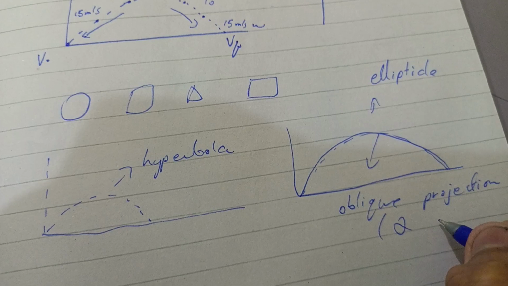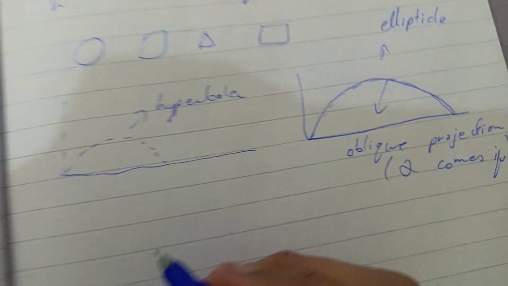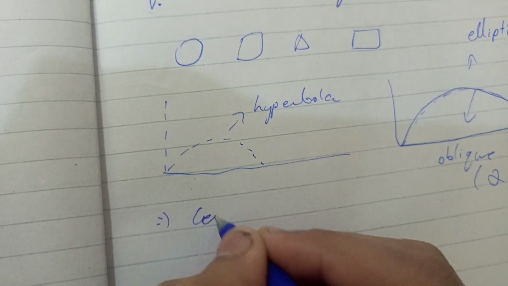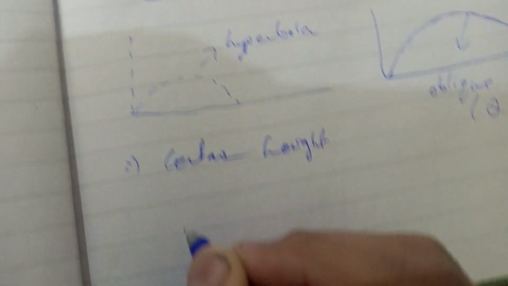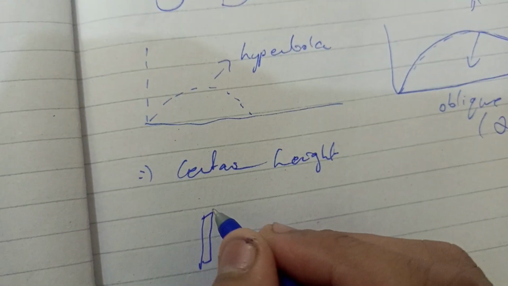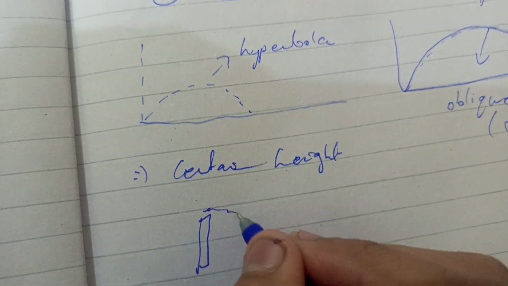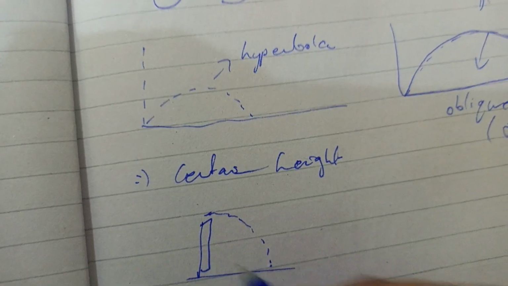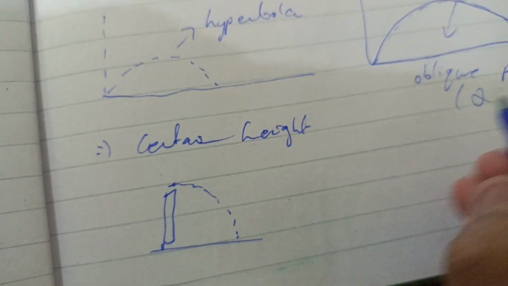Theta comes in if, for example, I talk about a certain height, and I ask you if you throw a ball from a building to the ground like this, on this plane, is this path called oblique projection?